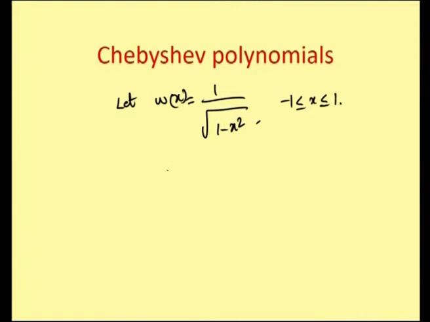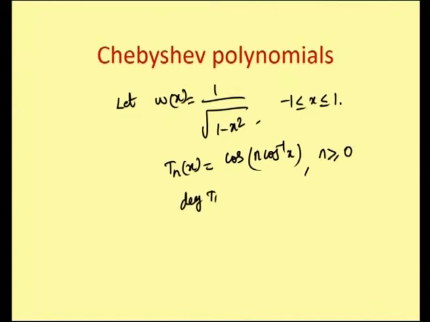Then our Tn of x is equal to cos of n cos inverse of x, where n is greater than or equal to 0. This is an orthogonal family of polynomials with degree of Tn equal to n. To see that Tn of x is a polynomial, verify it as follows.